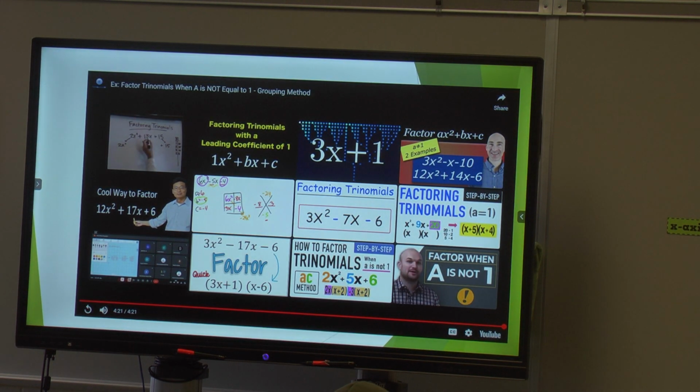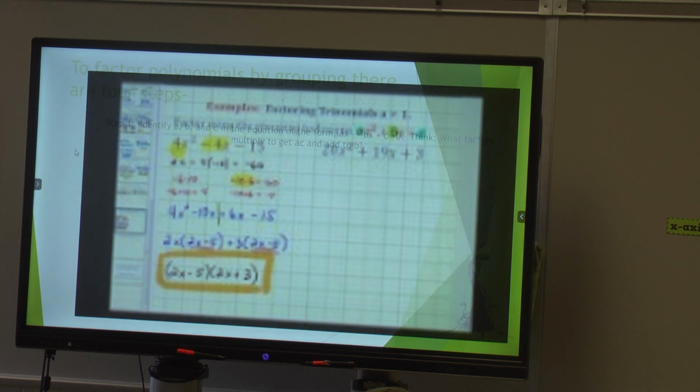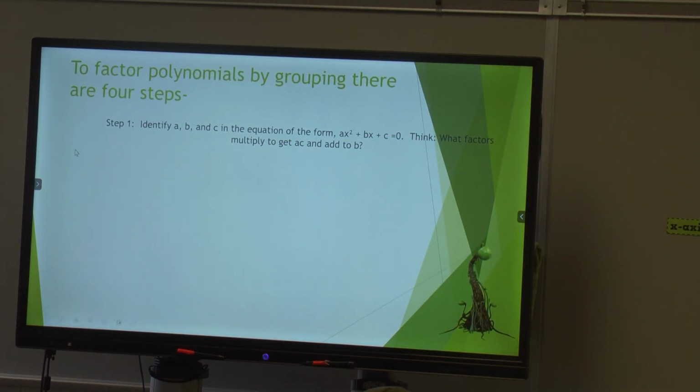What's that? Hold on 1 second. Oh, no wonder. I'm gonna turn this on. Okay, so here we go. You should be at the top of your paper.